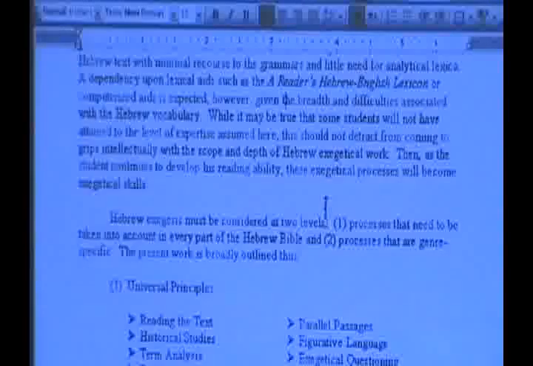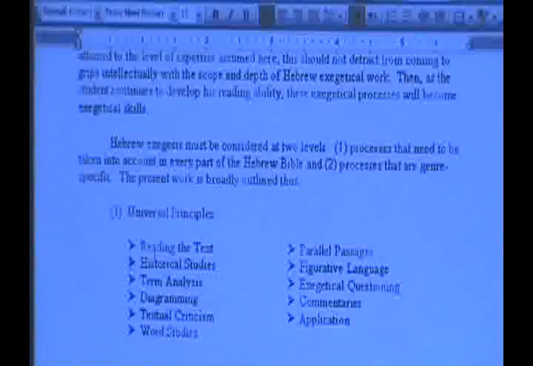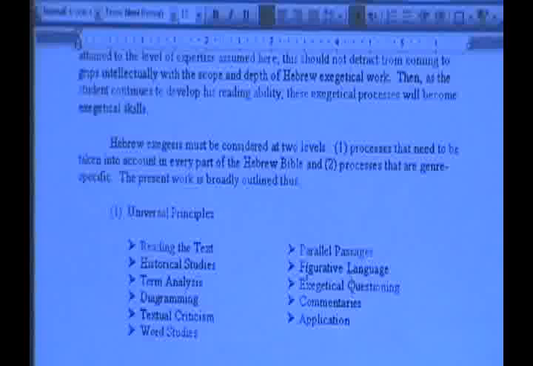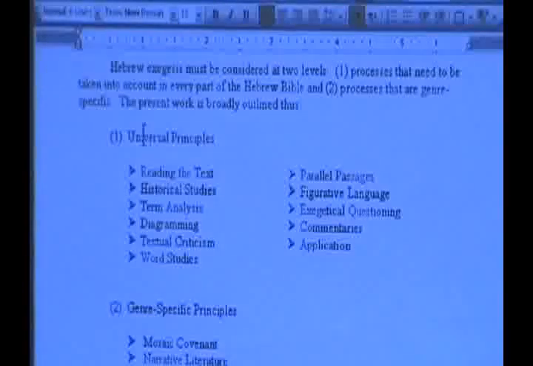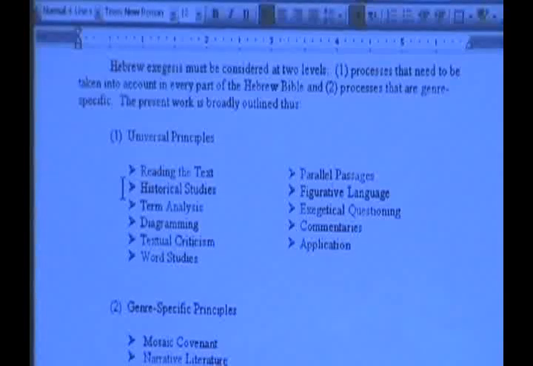Okay, so here's the basic outline, with a few modifications, of course, of the principles of exegesis. These universal principles, what we mean by that term is that they are used in all the parts of the Hebrew Bible.